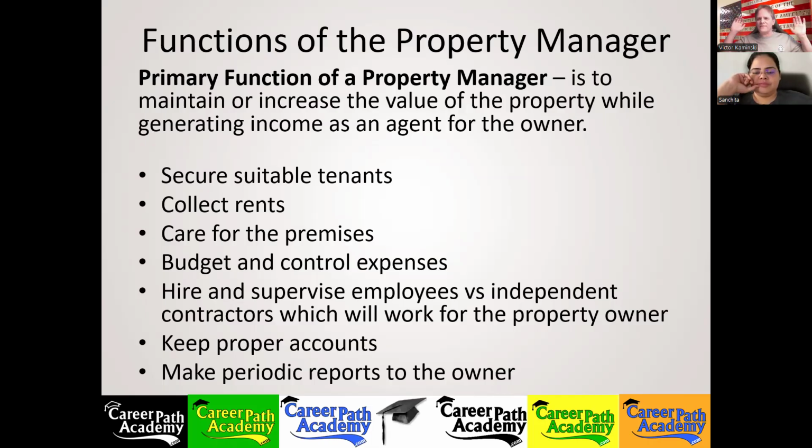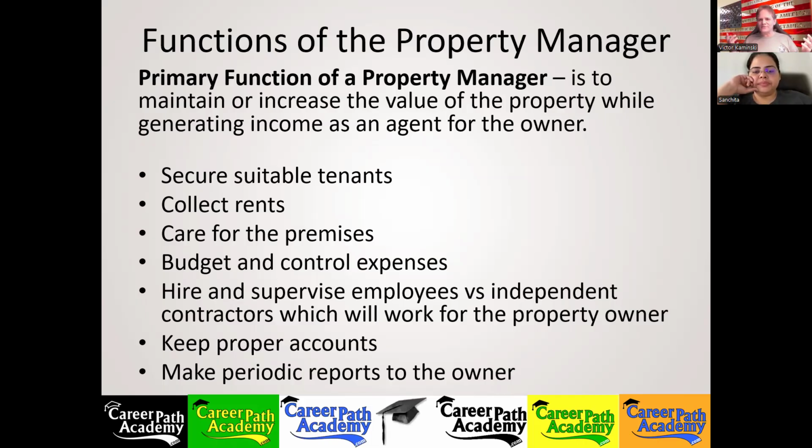Step back, take the 5,000-foot view for a second. If you were to take that 5,000-foot view, all of that is just part of property maintenance. So it's maintaining or improving the value of the property as an agent of the owner while generating income for them. Okay. It's all about the income.